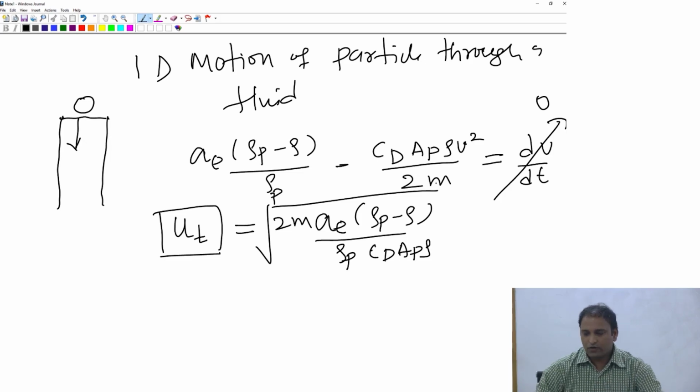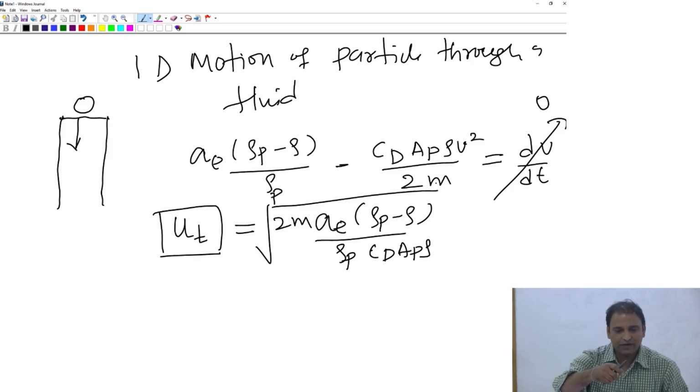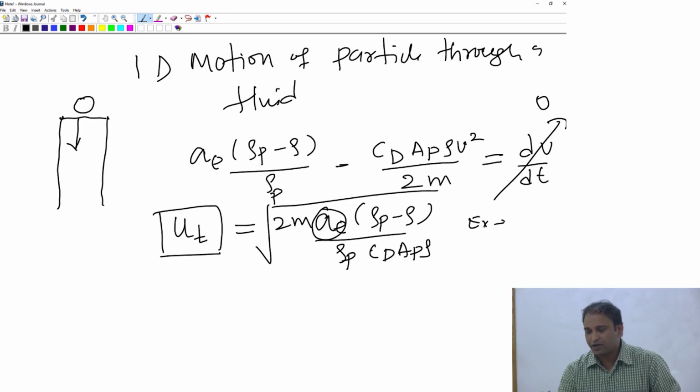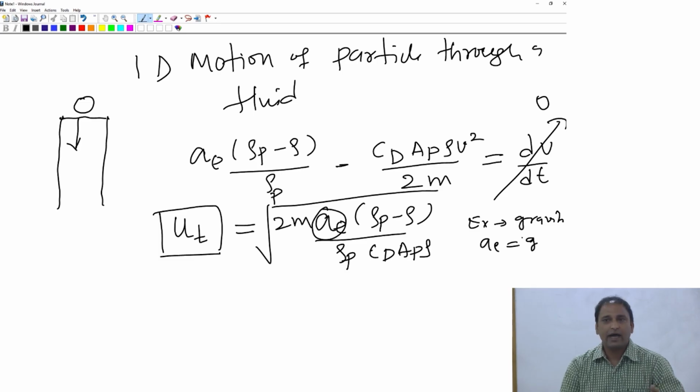We talked about two different cases. a_E is the acceleration because of the external force, which could be any external force you wish. If the external force is gravity, a_E is g, the acceleration due to gravity. If the external force is centrifugal, you replace a_E with r omega square.